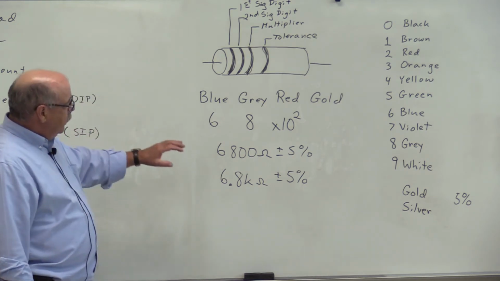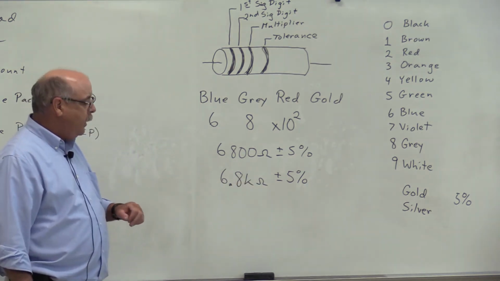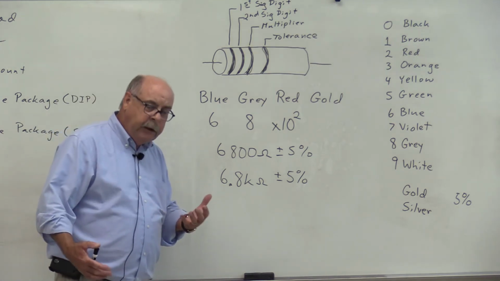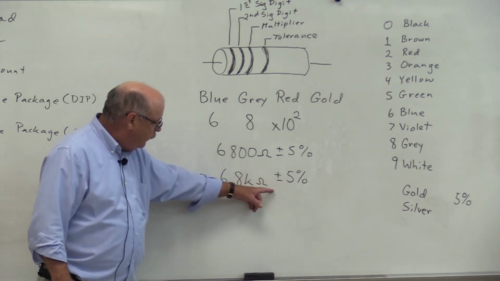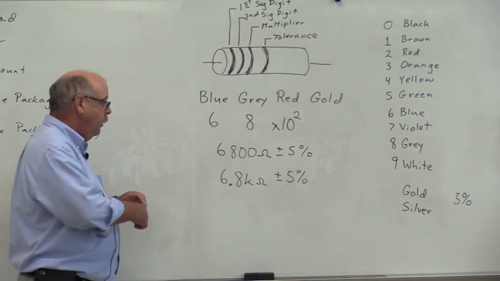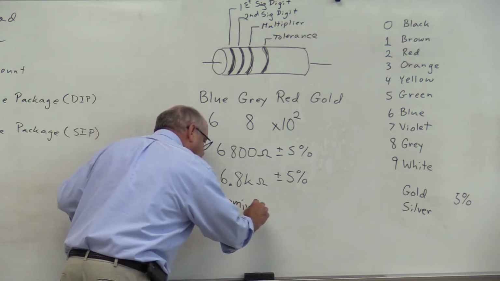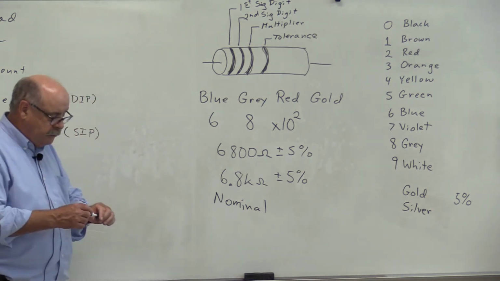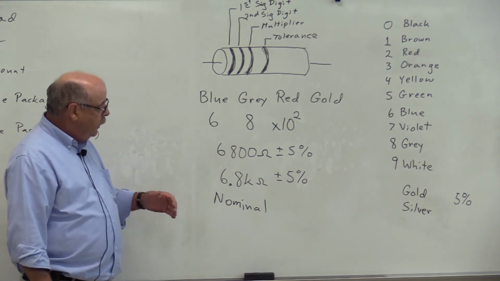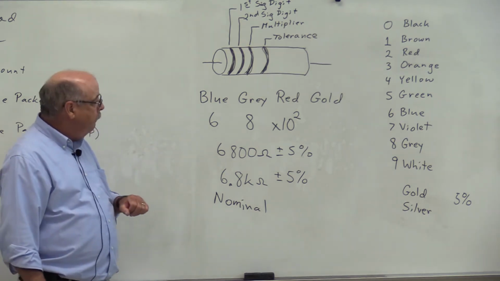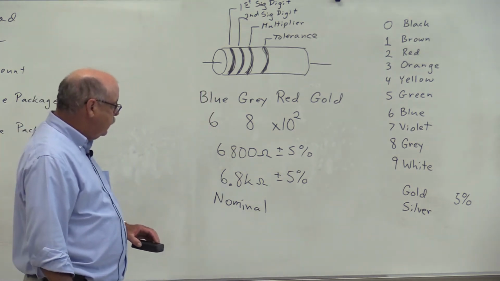Now, what does this tolerance mean? It means that the manufacturer has guaranteed or stated that this resistor will fall within 5% of this named, or what's called the nominal value. So the 6.8 k ohms is the nominal value, and from here we can calculate the minimum and maximum, or permissible range, for this resistor.